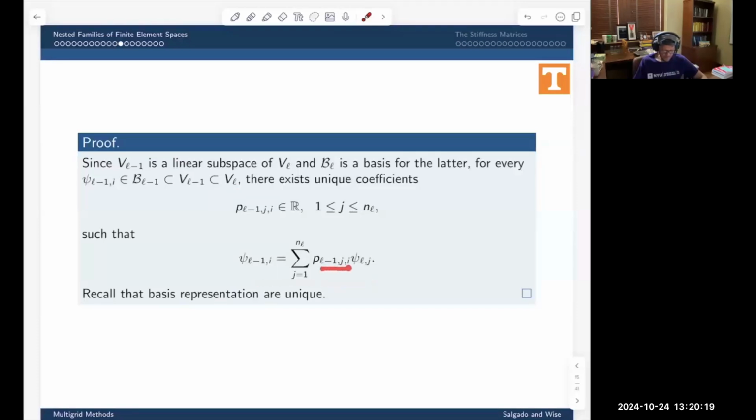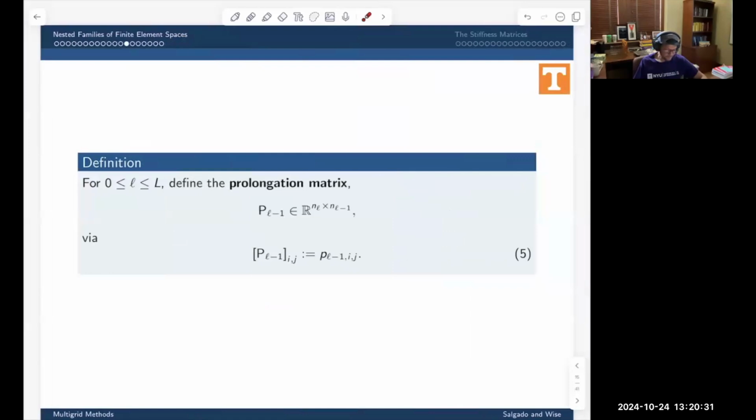So what we call these guys is kind of irrelevant, but we've numbered them and named them for certain specific reasons. These are going to be the elements of our prolongation matrix, as usual. So for L between 0 and capital L inclusive, we're going to define the prolongation matrix. Actually, that's not true.